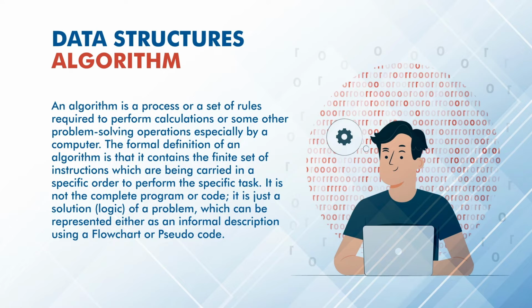It is not the complete program or code. It is just a solution, we can say the logic of a program, which can be represented either as an informal description using a flowchart or pseudocode. That depends upon the programmer how they develop the algorithm.